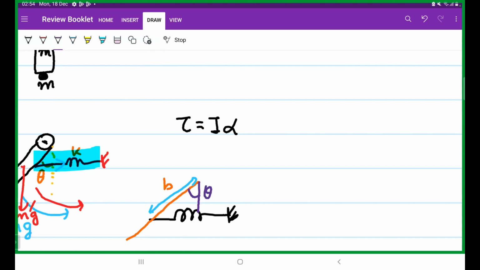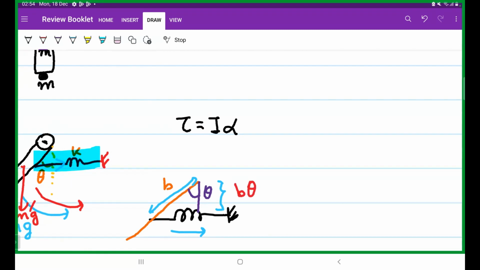This particular length, which is what we need, if the force is in this direction, we need the component of the length which is at 90 degrees with the force. So this length will basically be b theta.